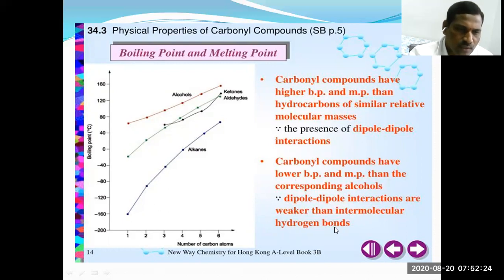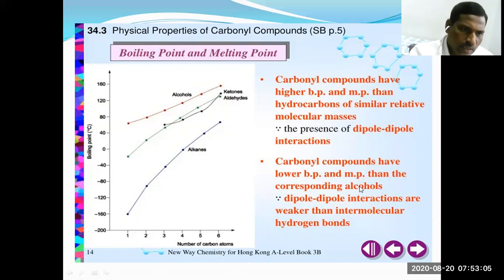Due to this, compared to carbonyl compounds of similar molecular mass, those alcohols have high boiling points and melting points. So simply we can say that carbonyl compounds have lower boiling points and melting points than the corresponding alcohols with the same molecular masses or weight.